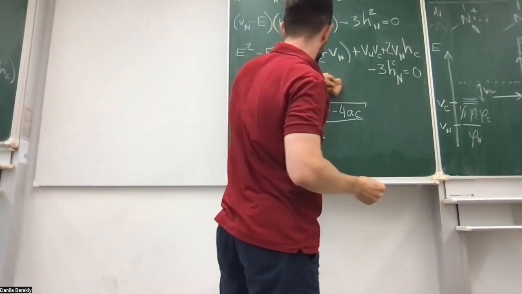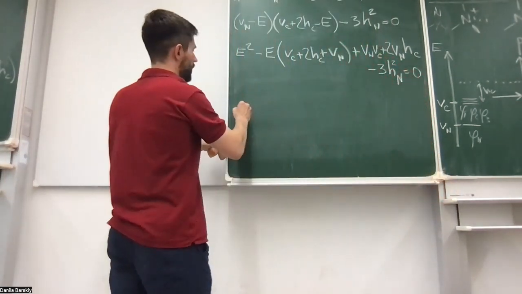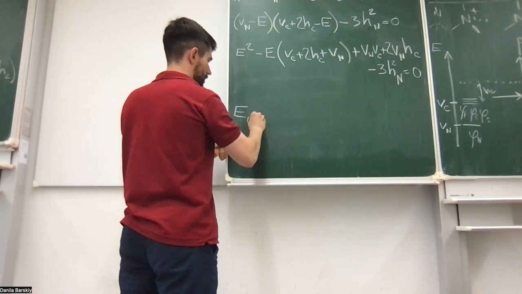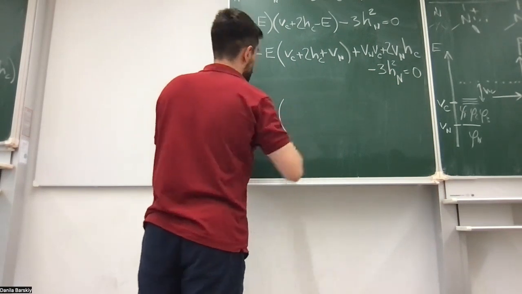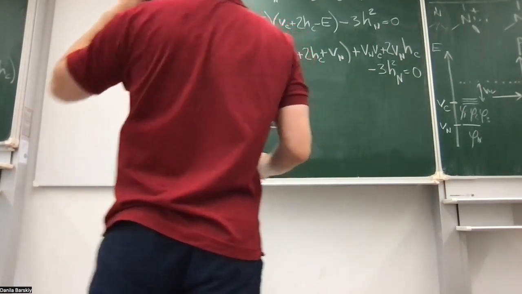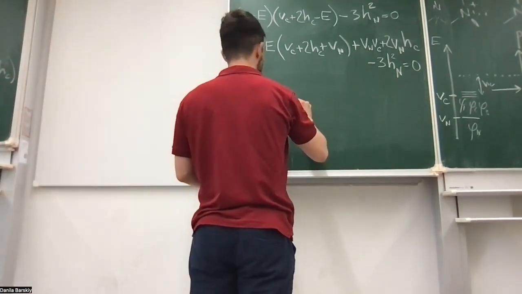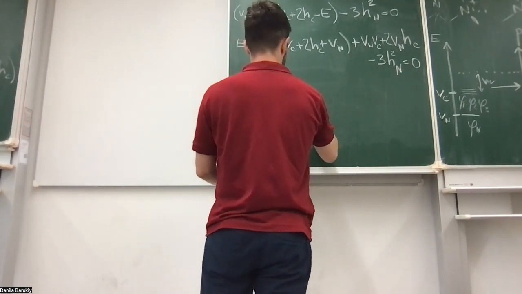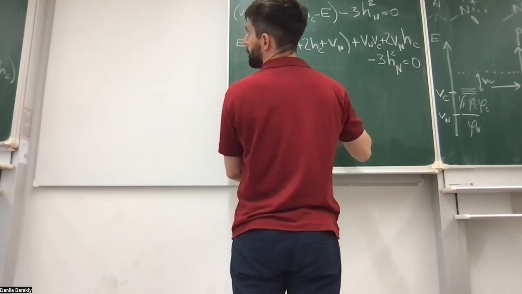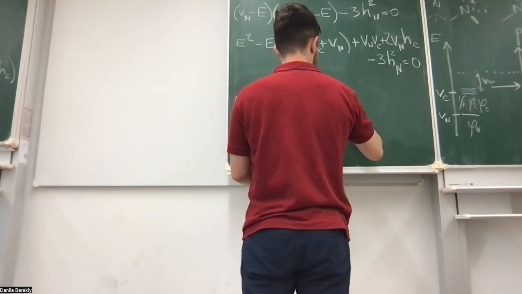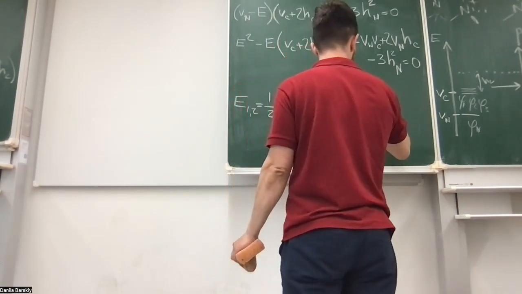All right, so what we're going to have here, minus B plus minus square root of D. So our energy solutions are 1/2 times minus B. B is already negative, so we have BC plus 2HC plus VN, plus minus delta.